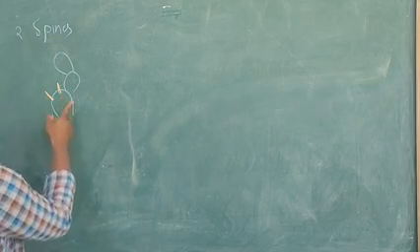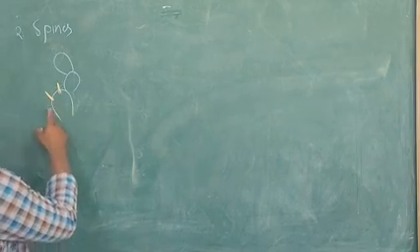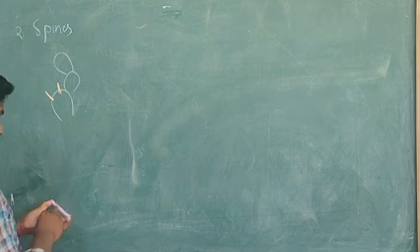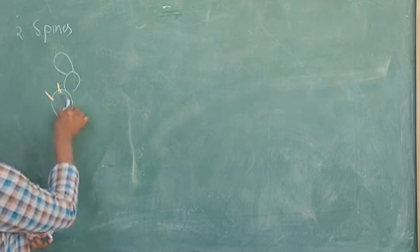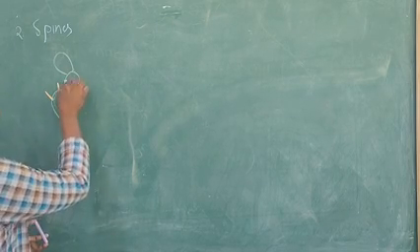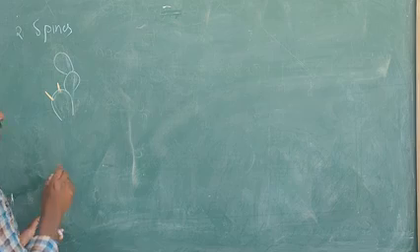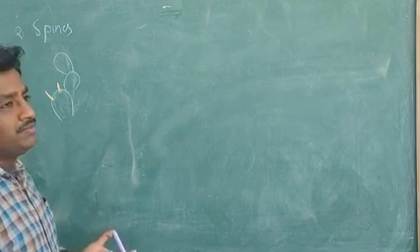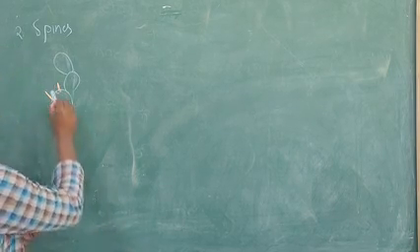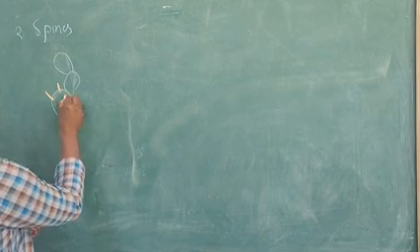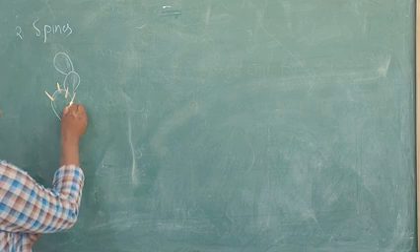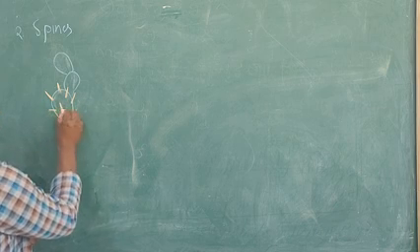Previously, this is what you call a flattened leaf. The stem is modified to form a flattened leaf-like structure. These are called phylloclades. So on the stem region, the leaves are modified here. These are what you call spines.